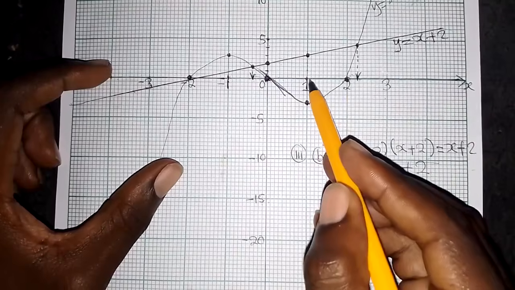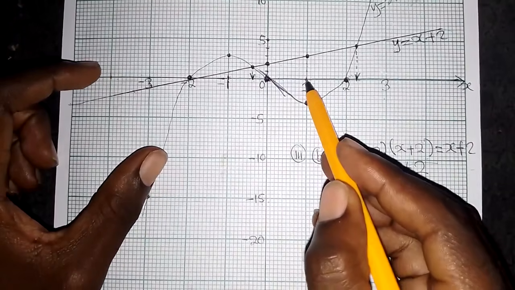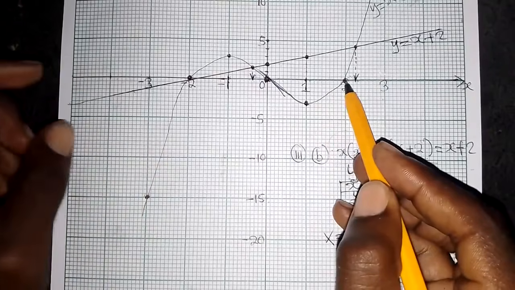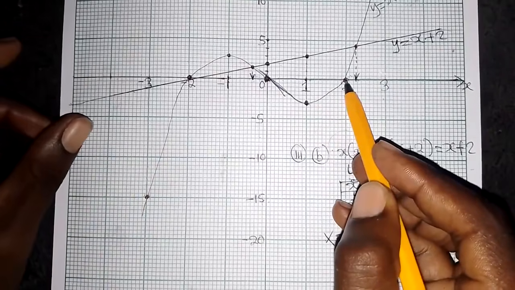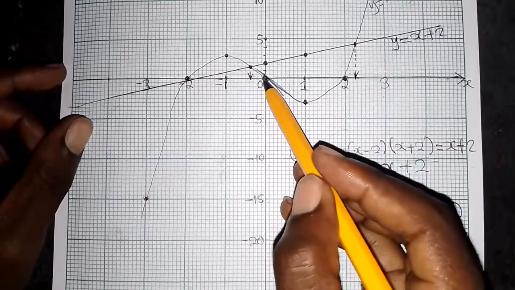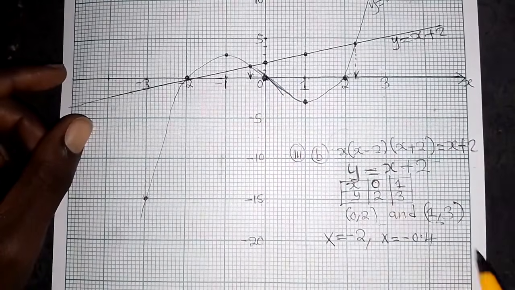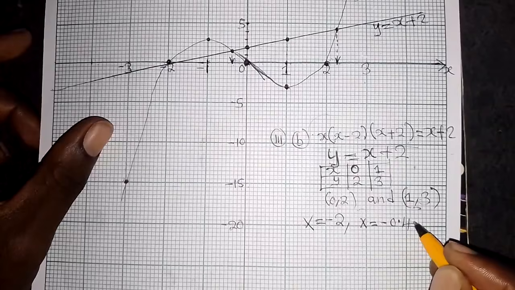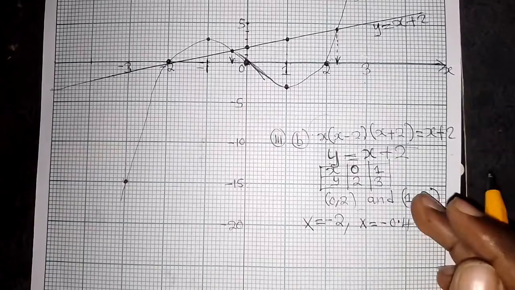So that's 0.1, 1.2, 1.3 until I reach a 2 there. Here 1 2 3 4. This is my answer. It can cut at negative 0.3 or negative 0.5 just like that.